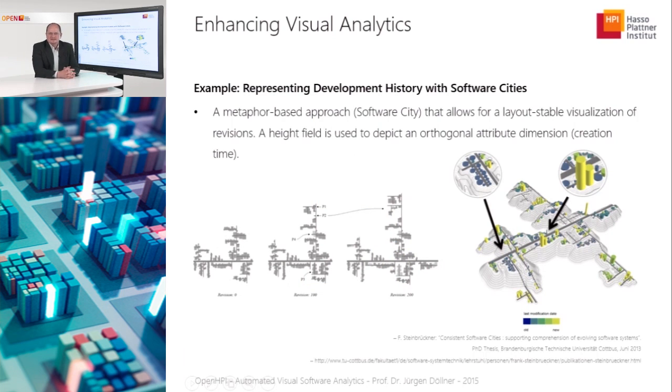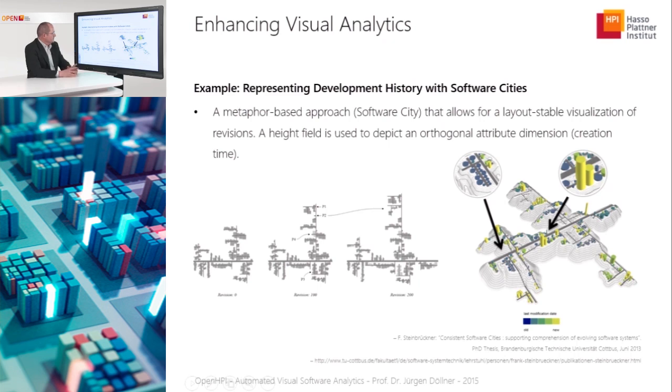called software cities. They represent the evolution, the development history of a given software system. So it's a metaphor-based approach that allows for a layout-stable visualization of revisions. A height field is used in the depiction to view an orthogonal attribute dimension, namely the creation time.